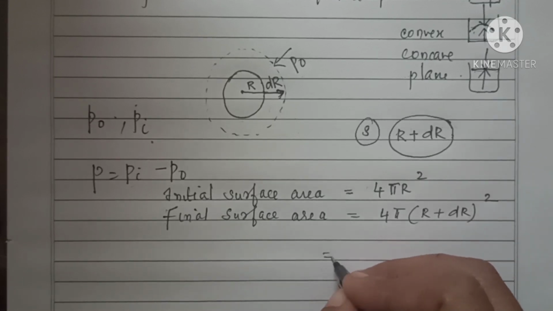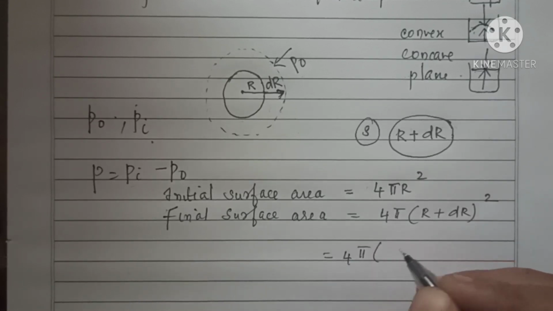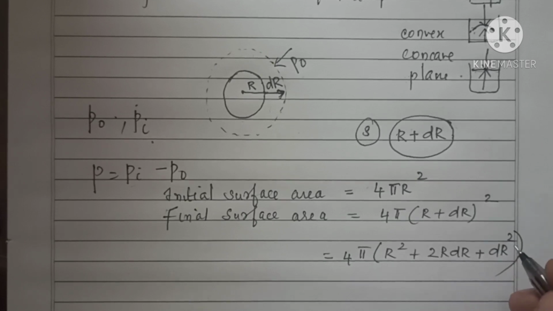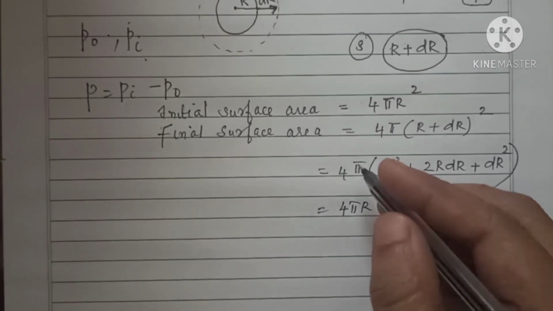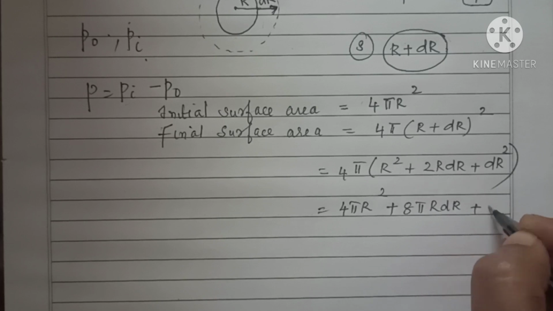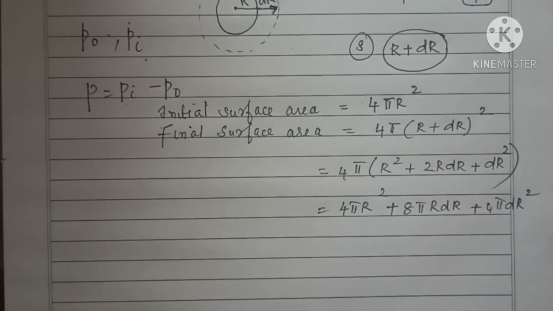That is 4 pi into r square plus 2r dr plus dr square, or you can write it as 4 pi r squared plus 8 pi r dr plus 4 pi dr squared. Clear?